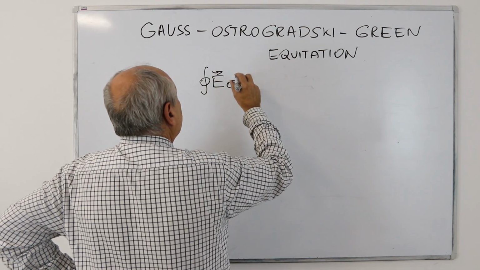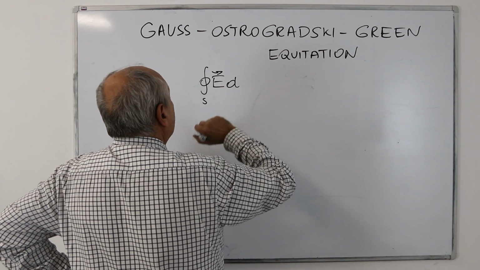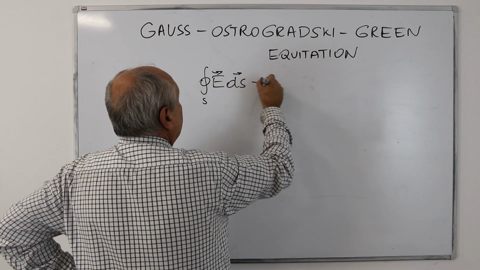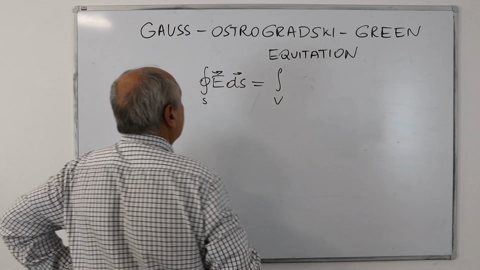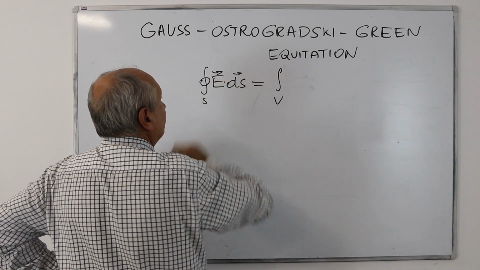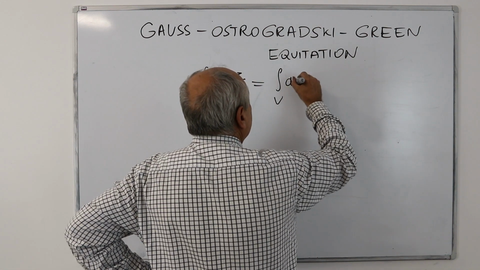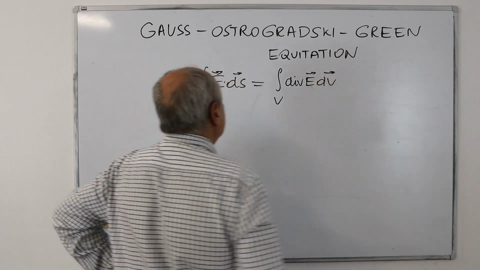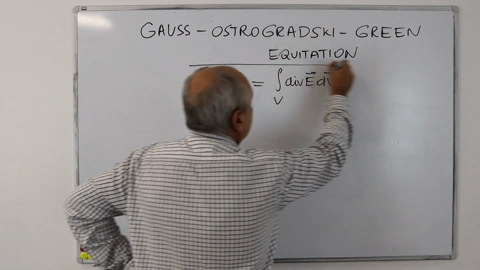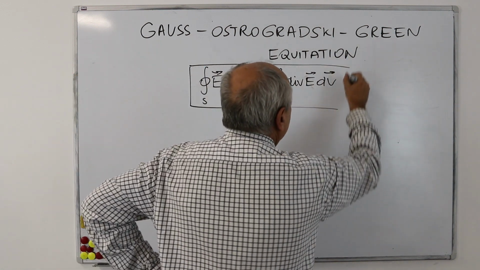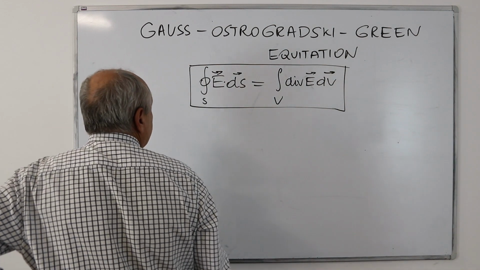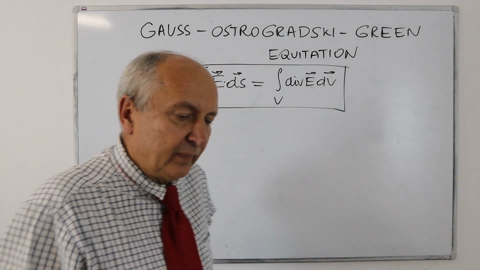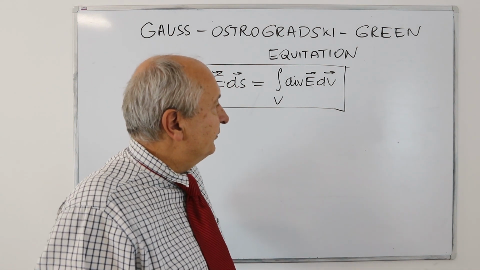This is the flux through closed surface S, and it is equal to the volume integral of divergence E dV. This law, this equation, is valid for any vector field.